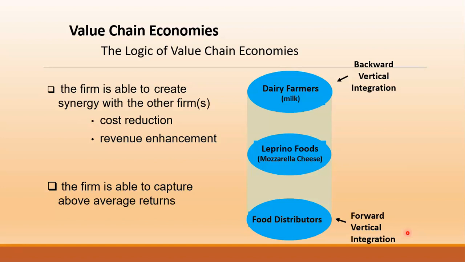And also the firm would have to be able to capture above average returns. Those are the reasons why the firm would decide, okay, we'll vertically integrate: because we can reduce cost, we can earn more money, we can have above average returns.